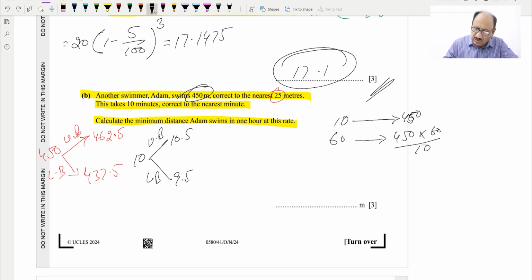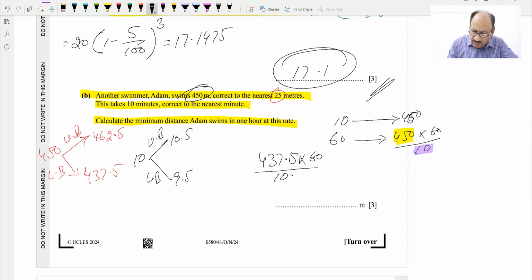Now as we require the lower bound of the answer, for 450 we will take the lower bound, which is 437.5, multiplied by 60 as it is, because it is not a bound, and we will take the upper bound of this 10, so that our answer is smaller.